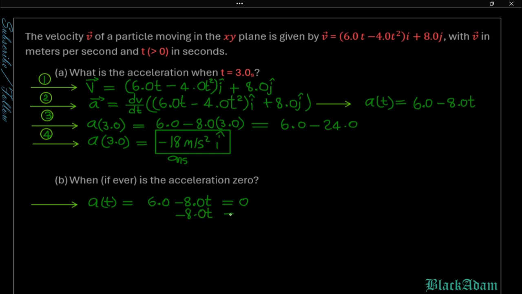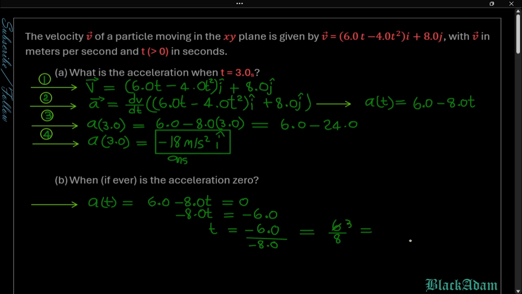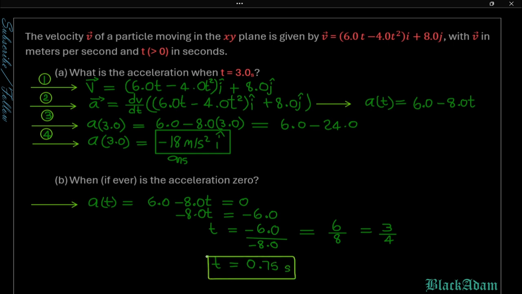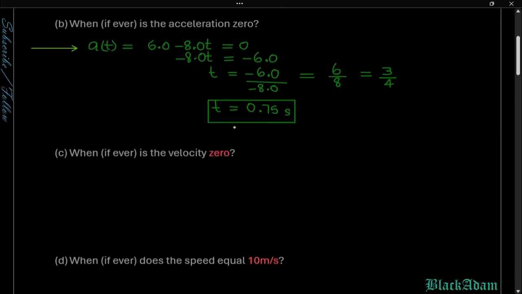So negative 8t is negative 6. Dividing both sides by negative 8, we get 6 over 8, and dividing by 2, that's 3 over 4. So t is 3 over 4, that's 0.75 seconds. That's our answer for B.